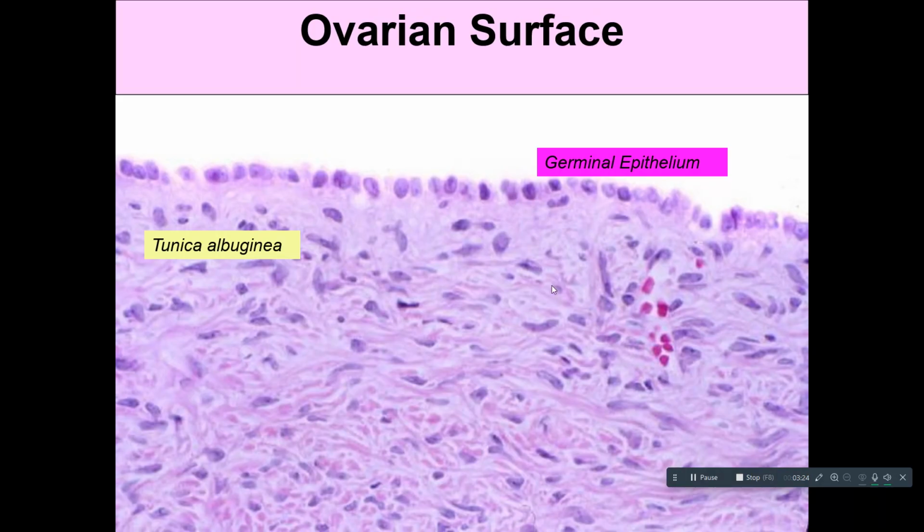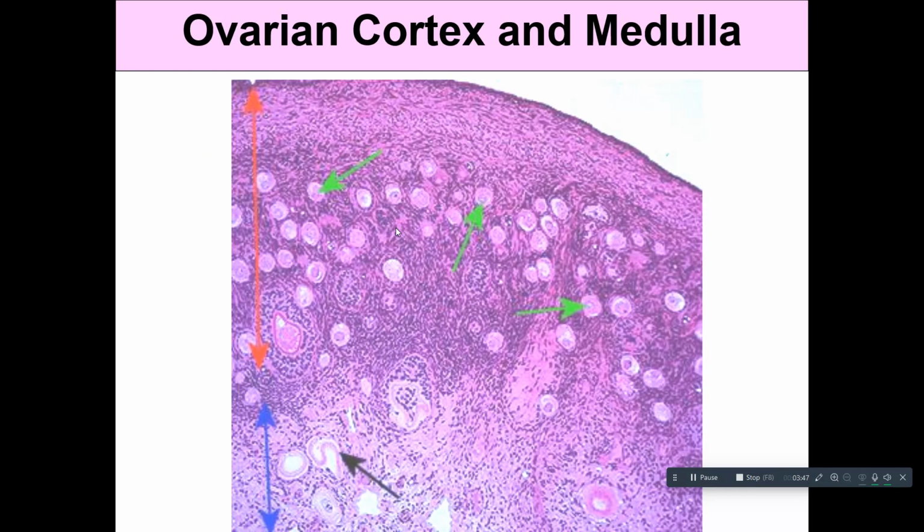So here's the surface of the ovary, and there is this layer of simple cuboidal epithelium known as the germinal epithelium on the very surface. Then deep to that is this layer of fibrous connective tissue called the tunica albuginea, which means white coat, and we saw a similar connective tissue structure on the male gonad, which of course is the testis.